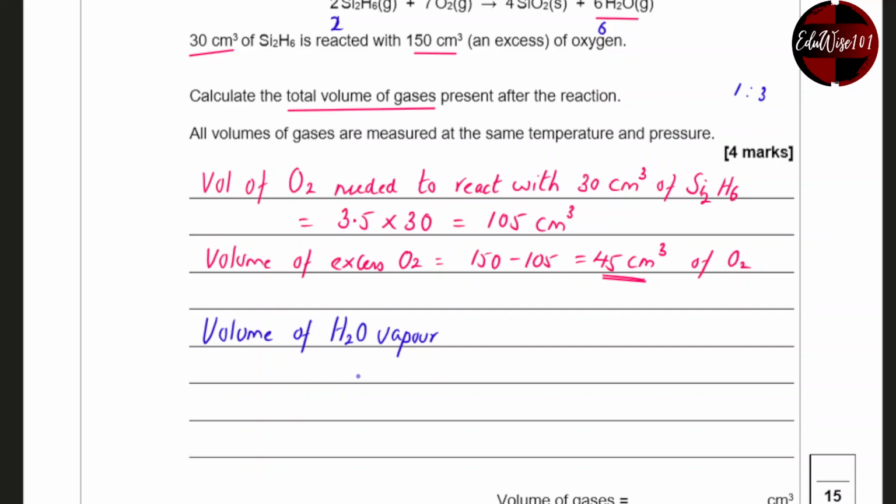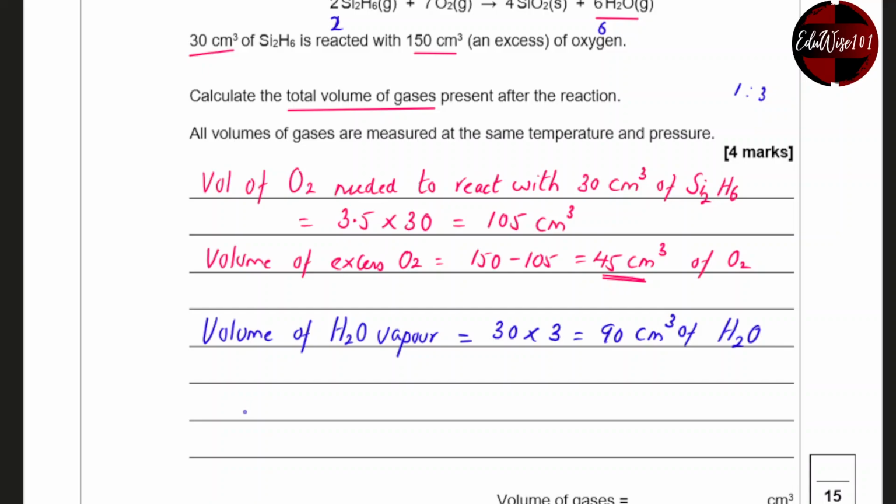If you have 30 centimeter cube of Si2H6, then you will have 3 times that, which is 90 centimeter cube of water.